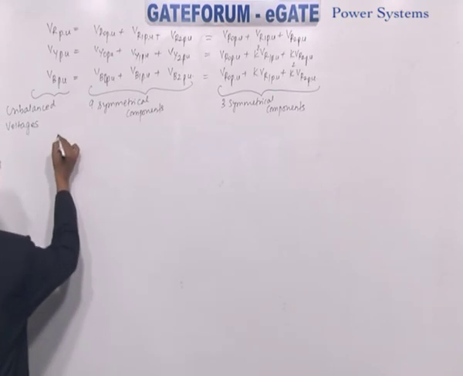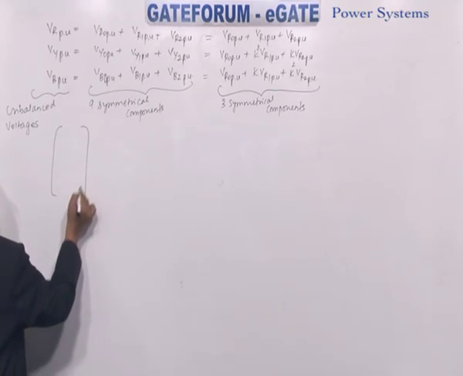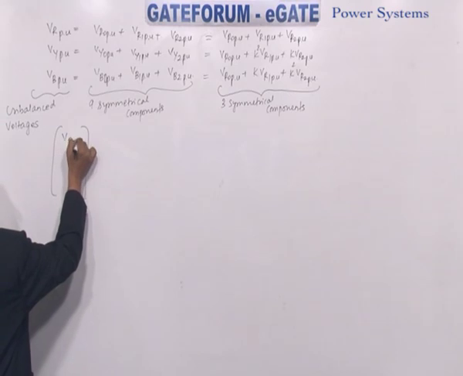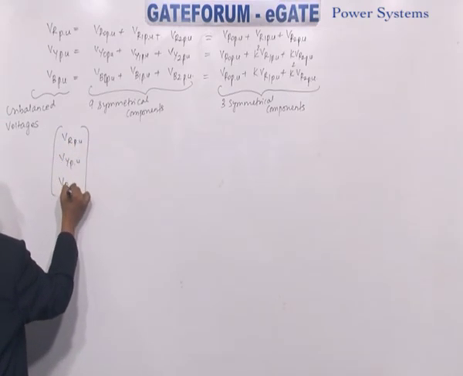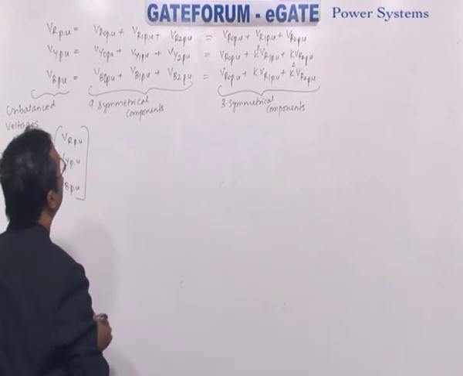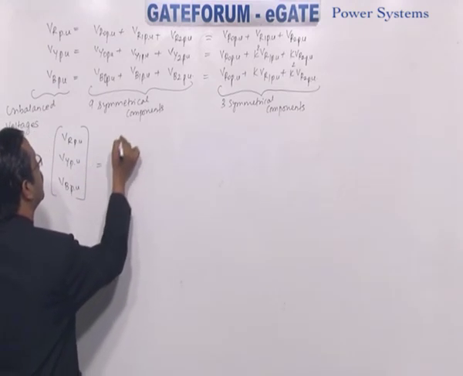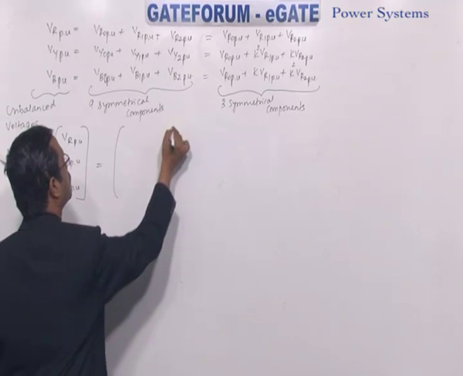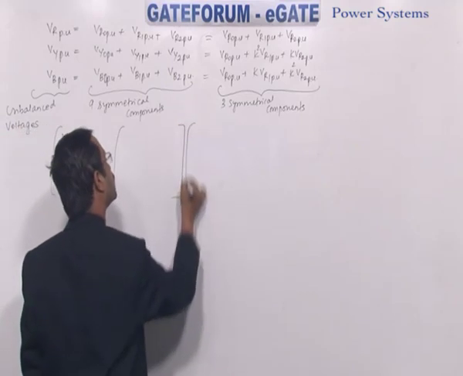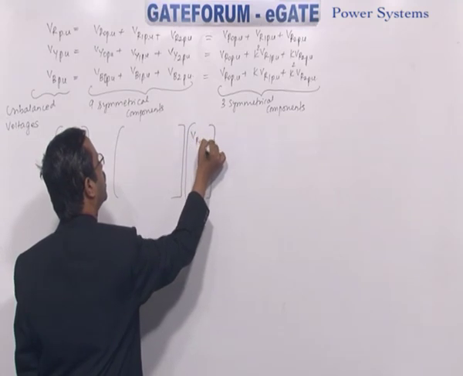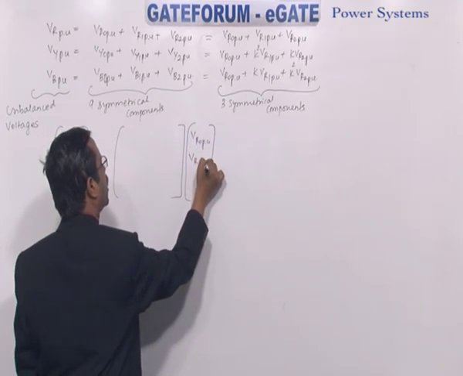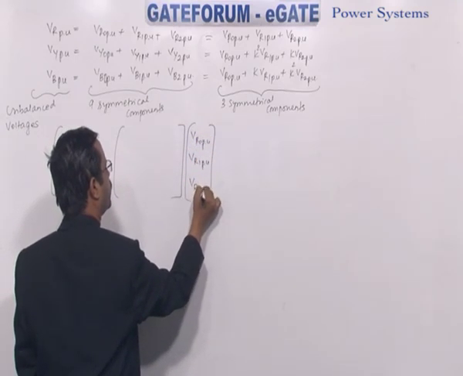So now we represent in the matrix form VR, Vy, Vb. Here VR0, VR1, VR2.